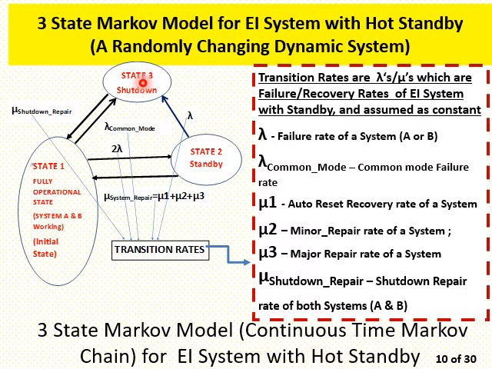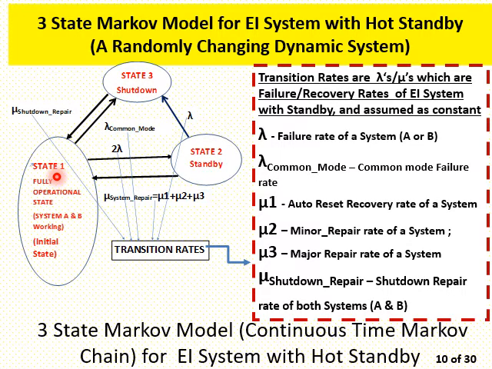And then after the system repair, a transition occurs back from state 3, the shutdown state, to state 1. That is, after the shutdown repair, the systems are restored and the transition occurs from state 3 to state 1.